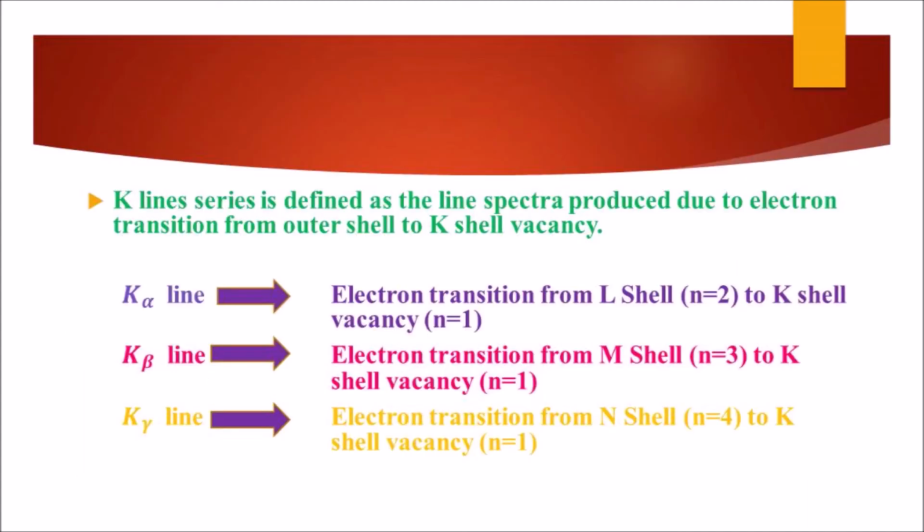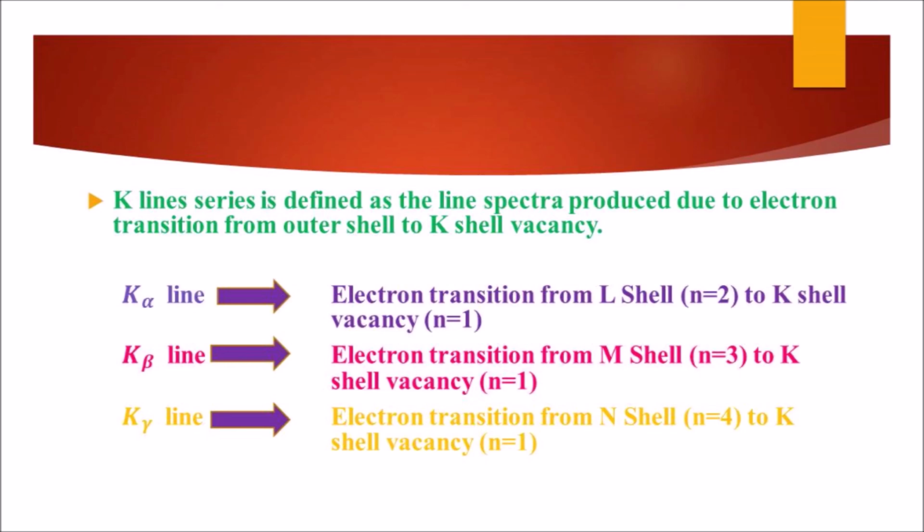The first is the K series, that is K lines. It is defined as the line spectra produced due to electron transition from an outer shell to a K shell vacancy. The first is the K alpha line. K alpha line means electron transition from the L shell to the K shell, that is n equal to 2 to n equal to 1. The next line is the K beta line.